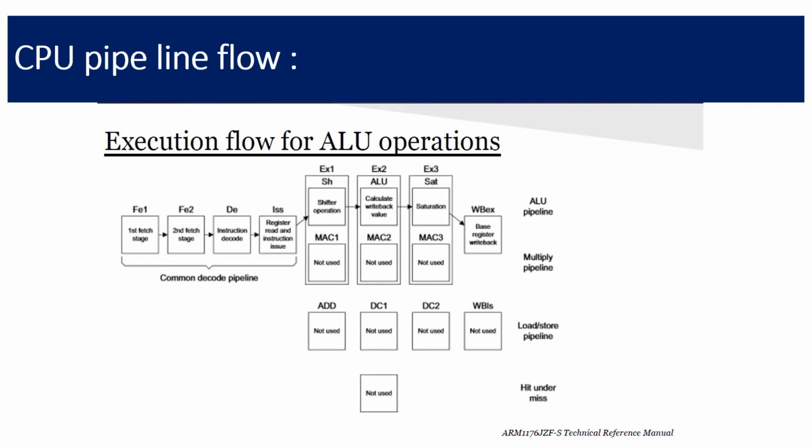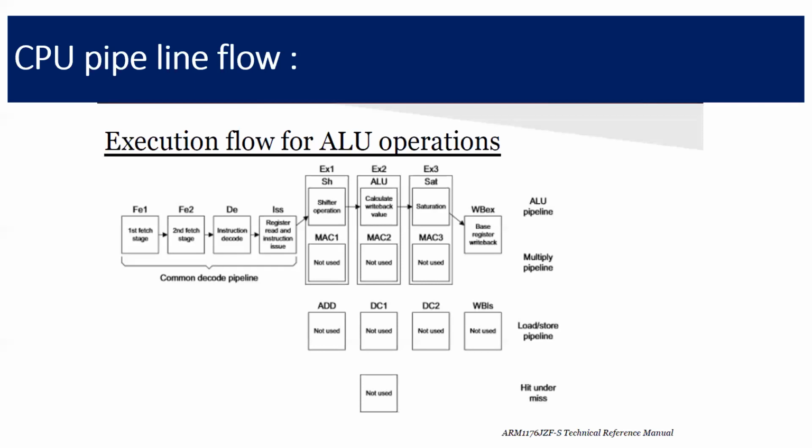Here you have to consider that a large number of instructions are executed. If the same type of operations are repeated a number of times, then this type of architecture is very useful. And the same thing is happening in the case of embedded systems.